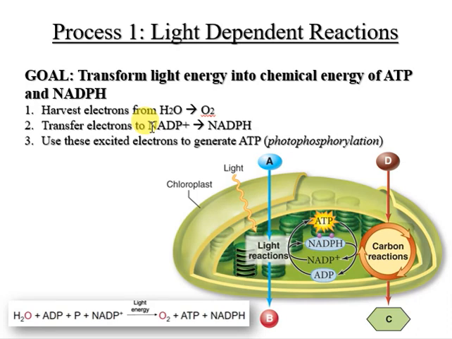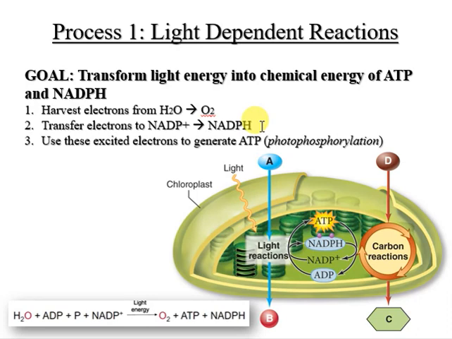Okay. So electrons transferred. You have a redox reaction to create NADPH. Now ATP is also going to be created. ATP will be generated through chemiosmosis through a process called photophosphorylation. If you remember from cell respiration, we talked about the generation of ATP that it can occur through 3 different processes.